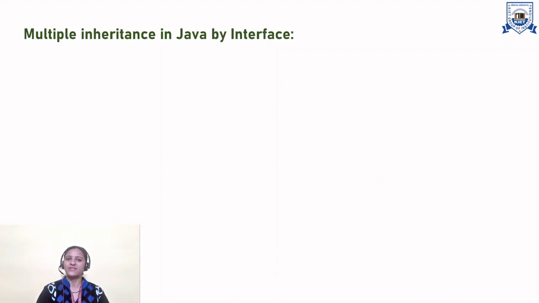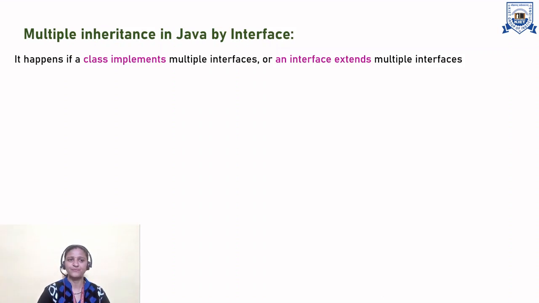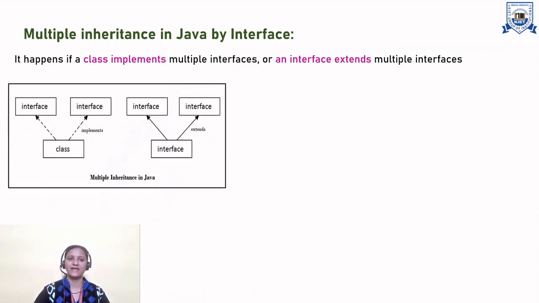Multiple inheritance in Java, which we said earlier is not possible with classes, can be done with the help of interfaces. It happens if a class implements multiple interfaces, or an interface extends multiple interfaces, like this.